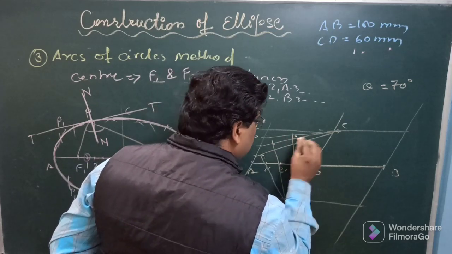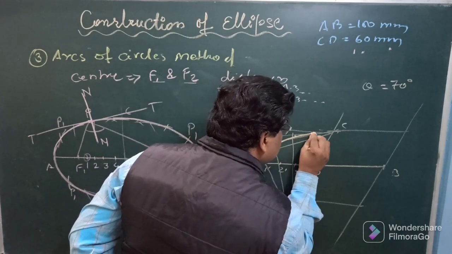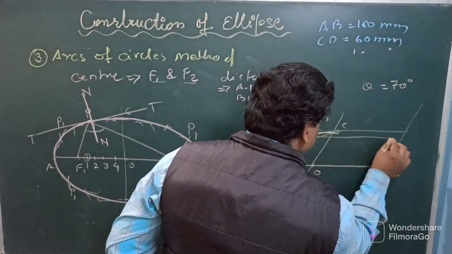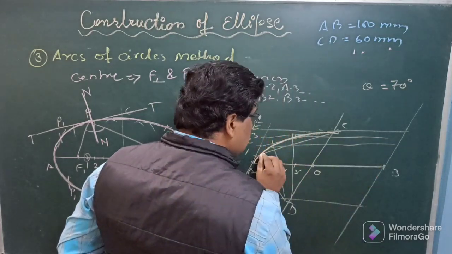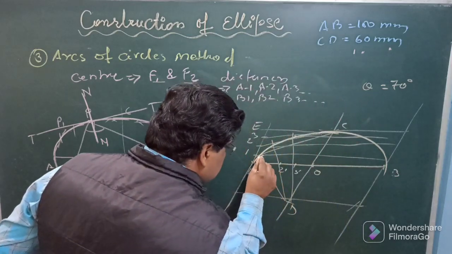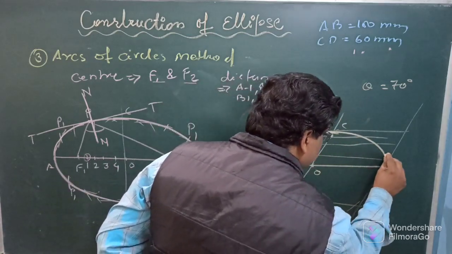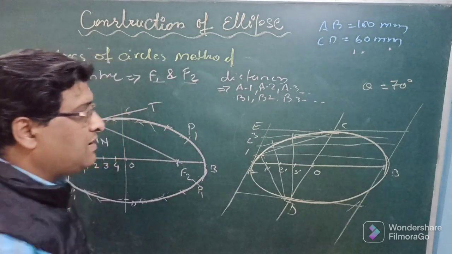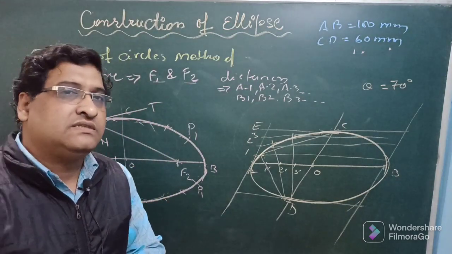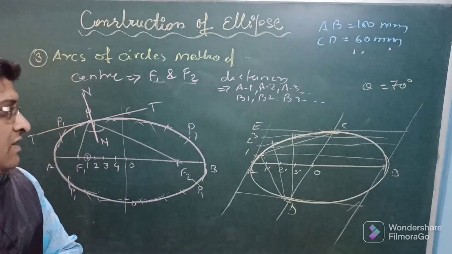So you will be getting 3 points. So this will complete one part of this. Then you can offset the marked distances in the similar fashion. Similarly you can do for the other part also, and you will get just a tilted type of ellipse, but the same methodology is there.